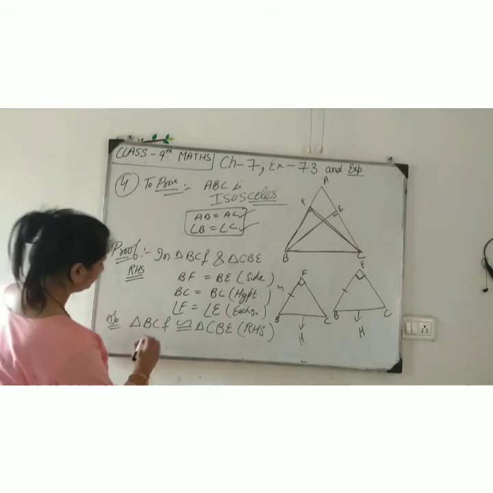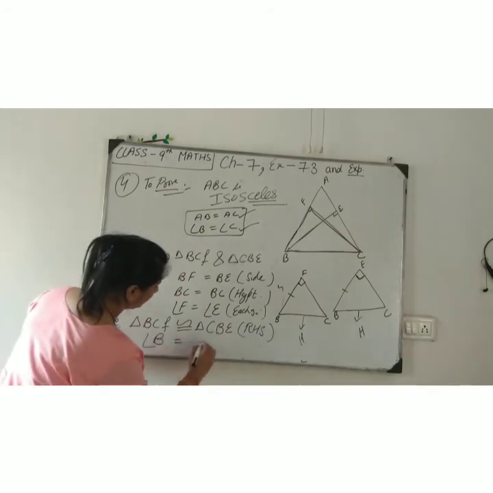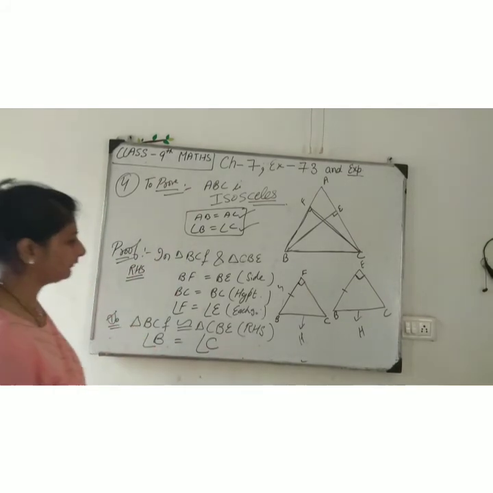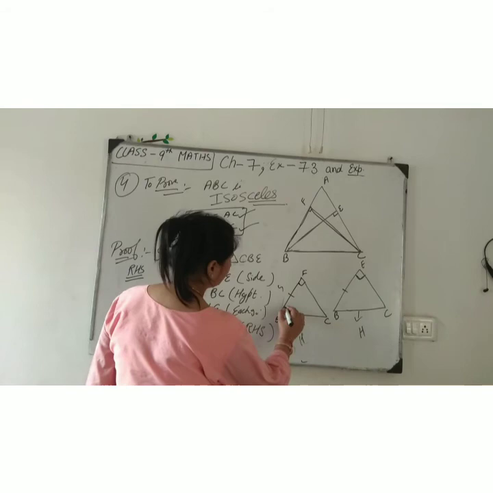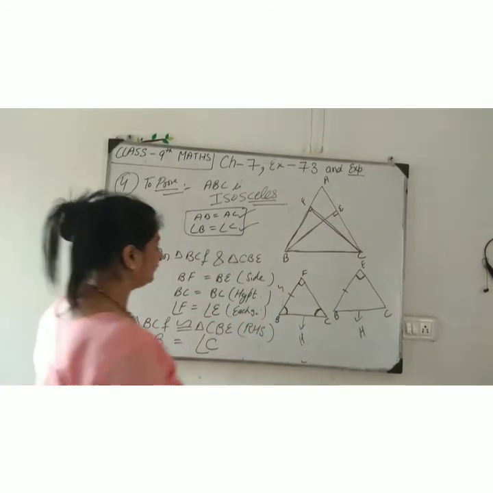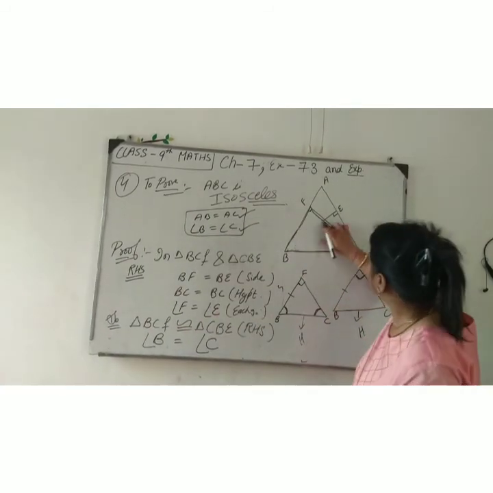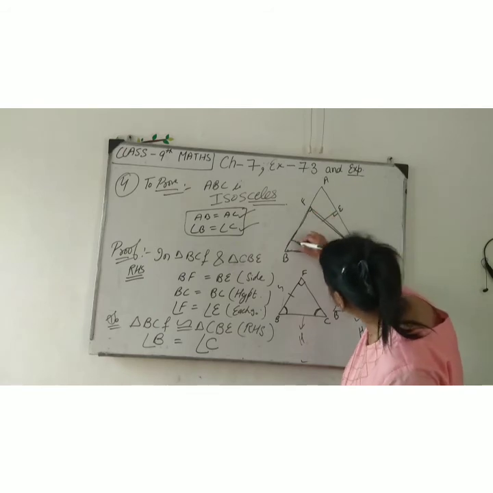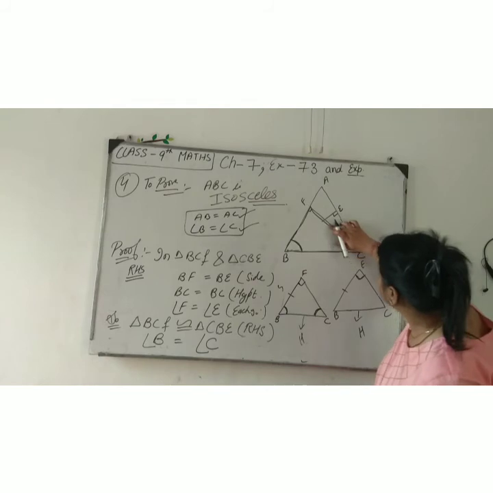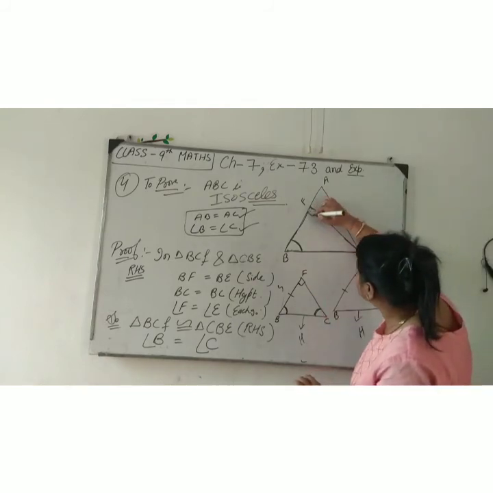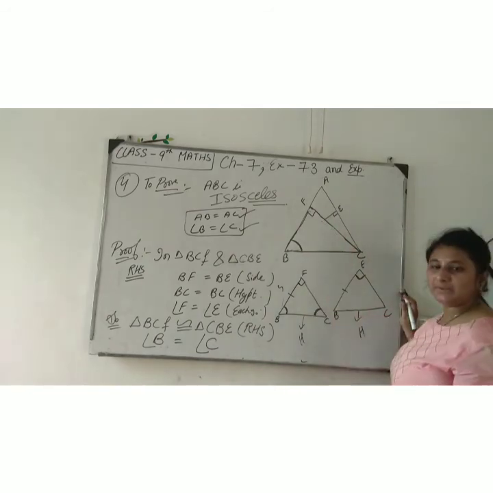It means angle B equal to angle C, corresponding angles of congruent triangles. Here you can see in the figure also. I am taking BCF, the complete angle. You can see in the figure, I am not taking half the angle, I am taking the complete angle.